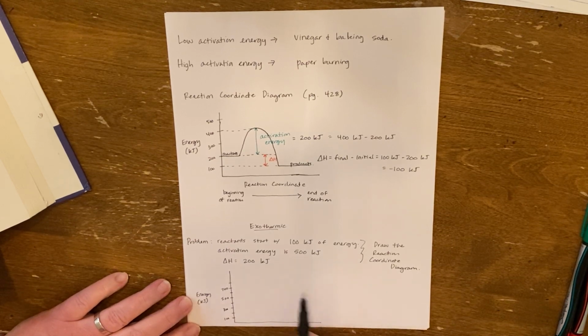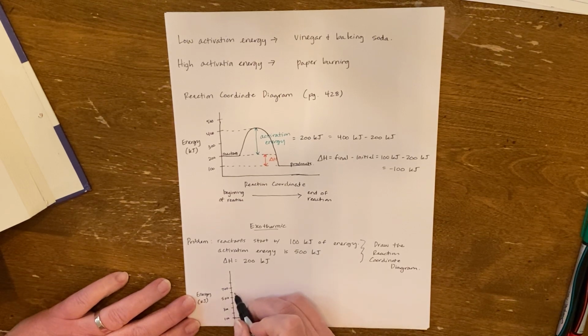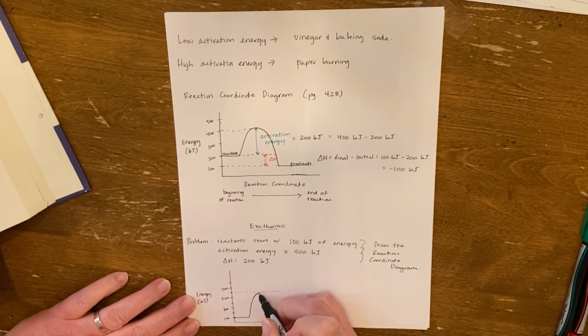Okay, so let's think about this. Reactants start with 100 kilojoules of energy. So here's my reactants. My activation energy is 500 kilojoules. So that means I have to add 500 kilojoules. So I'm going to get all the way up here to 600. So my hill is going to go all the way up to 600.